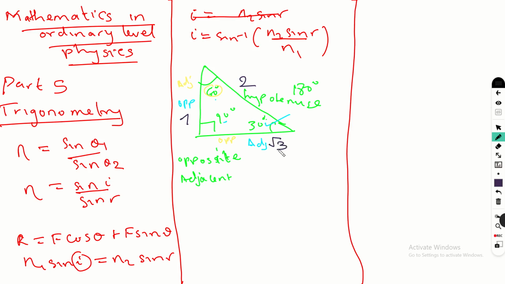So you have the hypotenuse 2, this side 1, and this side root 3. How did they get this? They got this by using the Pythagoras theorem. I know you know Pythagoras.